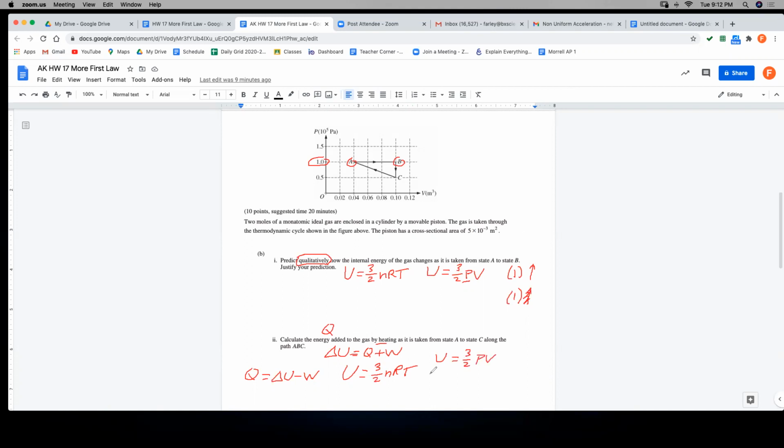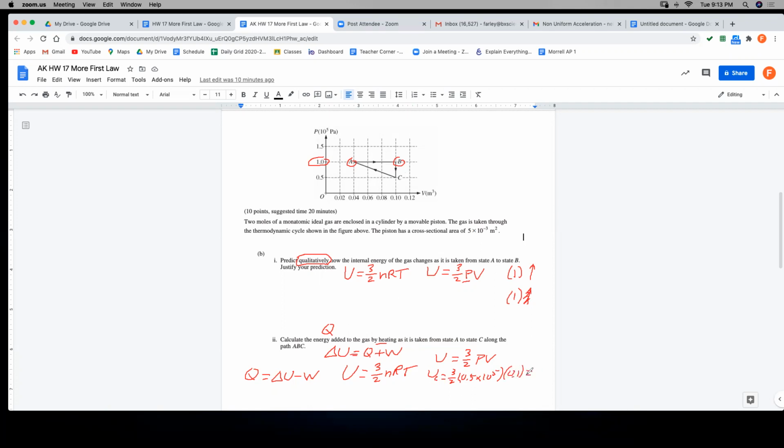So let's do U at C. U at C is going to be 3 halves times the pressure at C, which is 0.5 times 10 to the 5th, times the volume, which is 0.1.